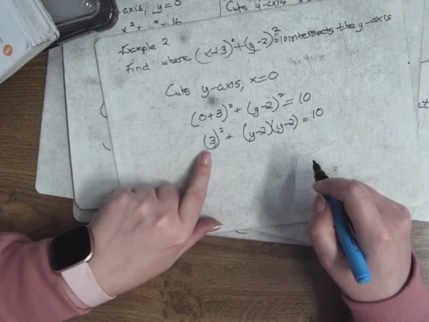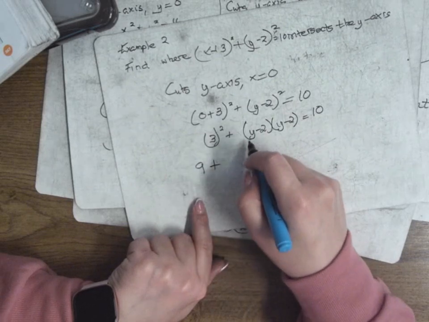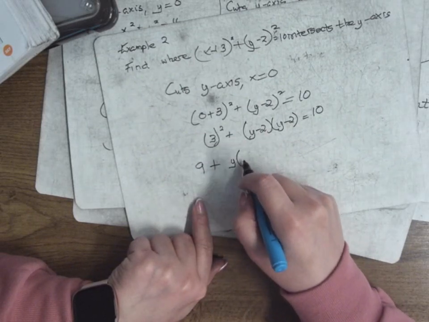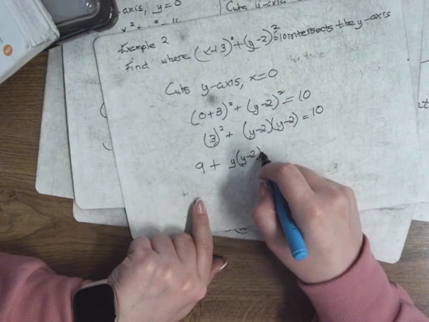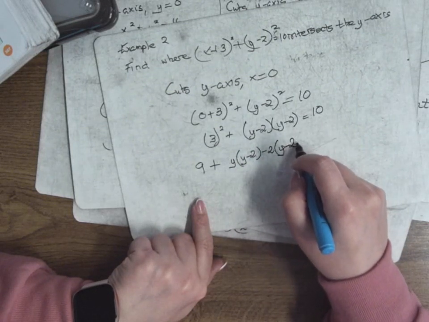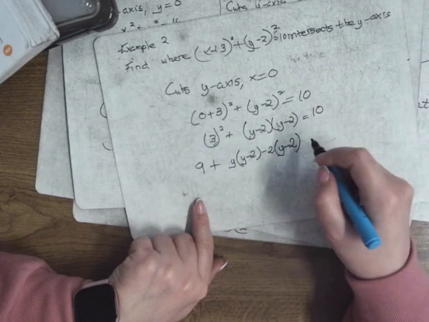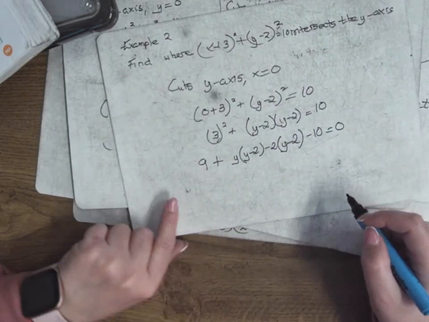So that's 3 squared. What's 3 squared? 9. Multiply out these brackets: split up the first bracket, write the second bracket down twice. So it's y times y minus 2, minus 2 times y minus 2. And while I'm at it, I'll bring over that 10. Minus 10 equals 0. With me?